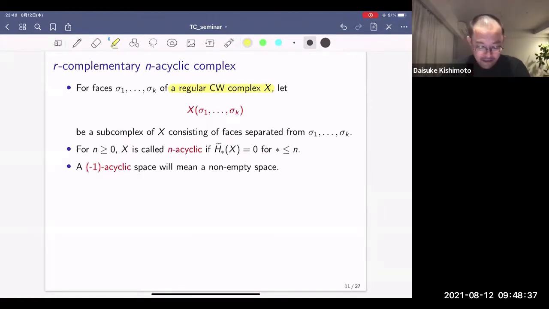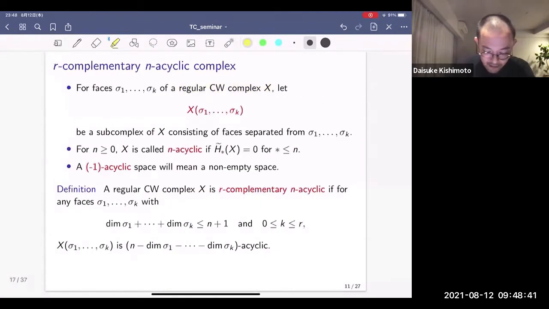So with these notations and terminology, we define a new class of simplicial complexes. Let X be a regular CW complex as before.